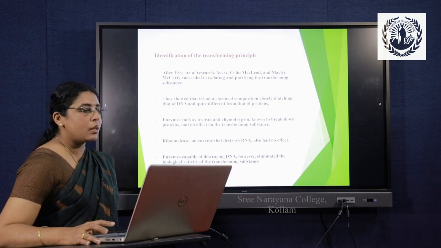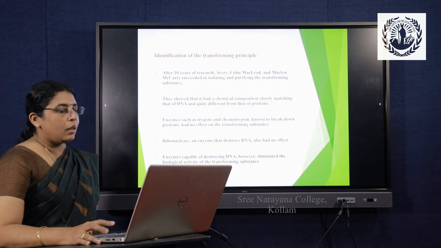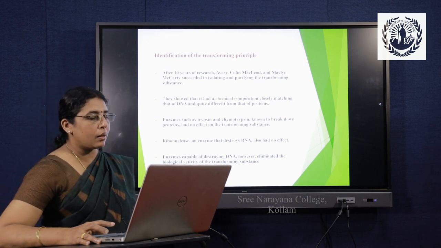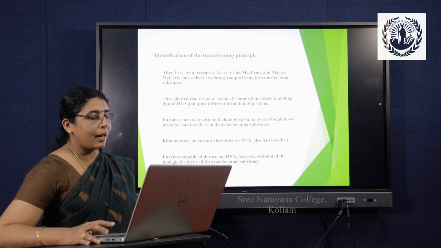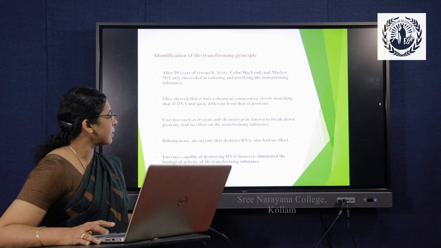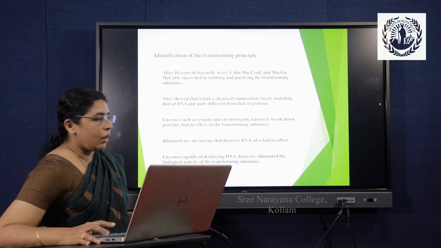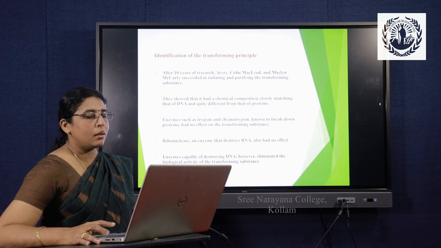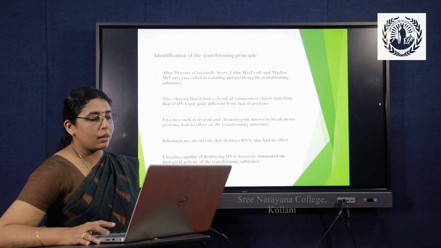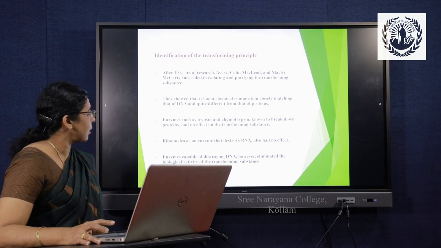They used different sets of experiments. They used enzymes which can digest proteins, enzymes which can digest RNA, and also enzymes which can digest DNA. When they used enzymes such as trypsin and chymotrypsin, which can break down protein, there was no effect on the transforming substance.